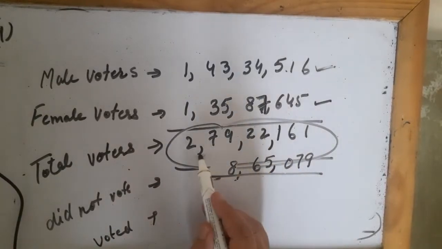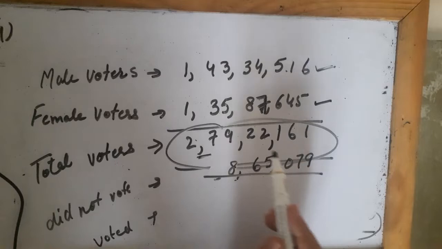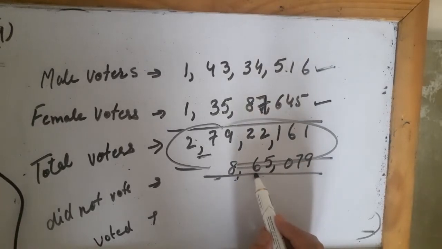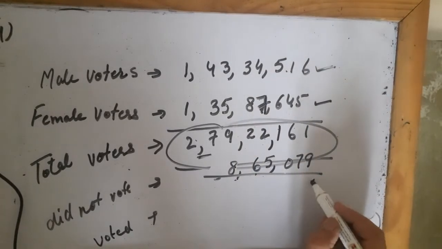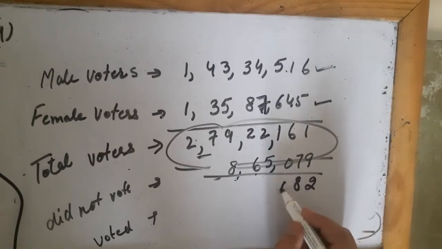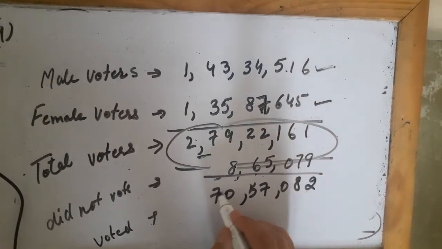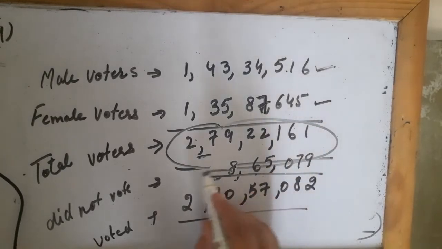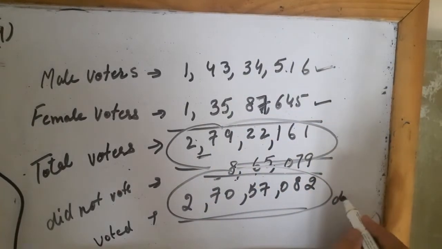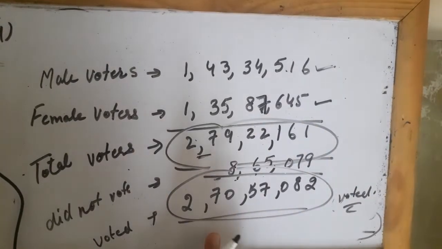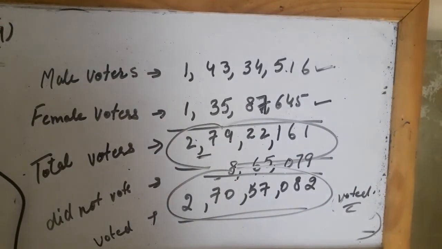So what I will do now, from the total voters I will subtract the number of people who did not vote and I will get the answer. So these many people did not vote. So these many people voted in the election.